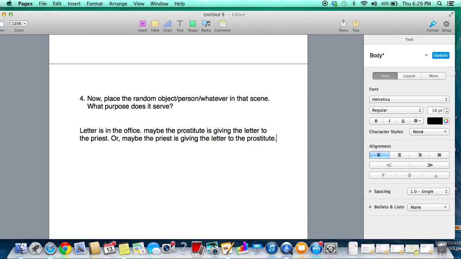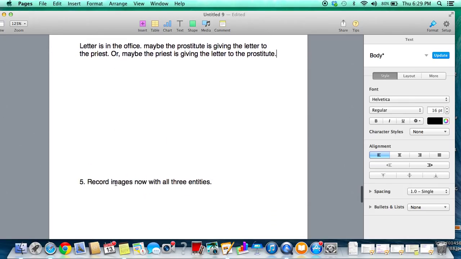So maybe there is a message that one is supposed to give to the other some kind of way. And the question is, how are these people from two totally different worlds connected? Maybe that letter is what's connecting them.